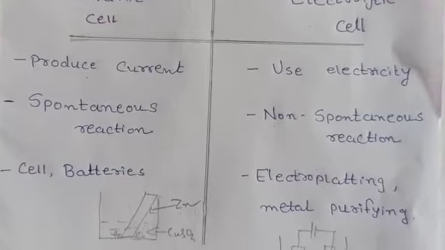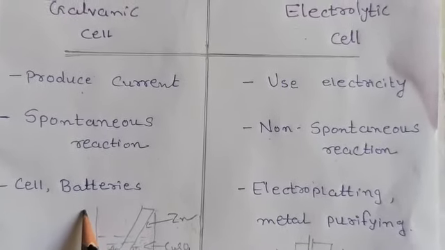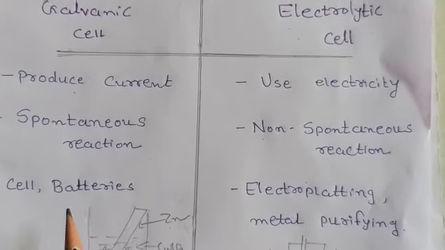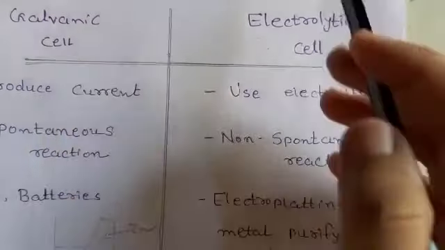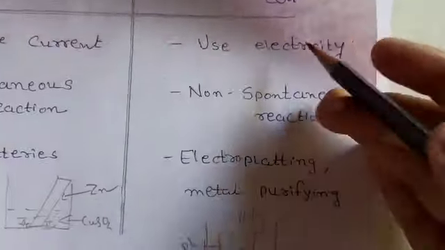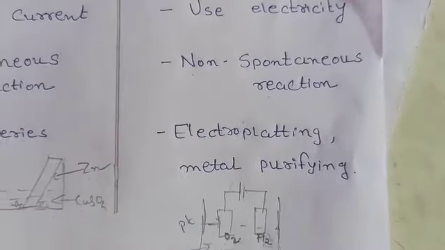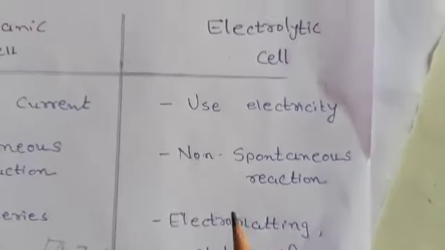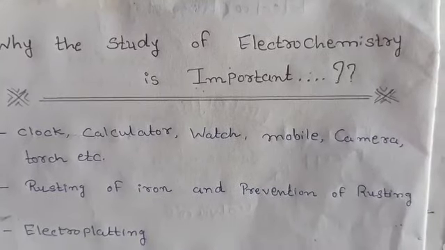The examples of galvanic cells are the batteries which we use in calculators, watches and cars. They are all galvanic cells. And electroplating and metal purification, which you studied in a lower standard, that type of cell is an electrolytic cell.